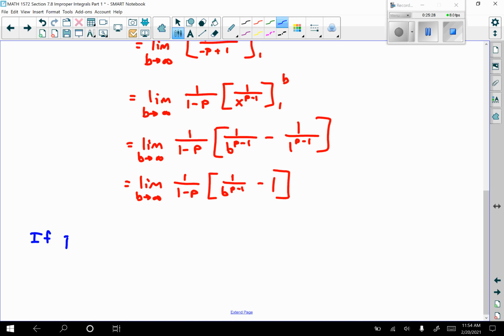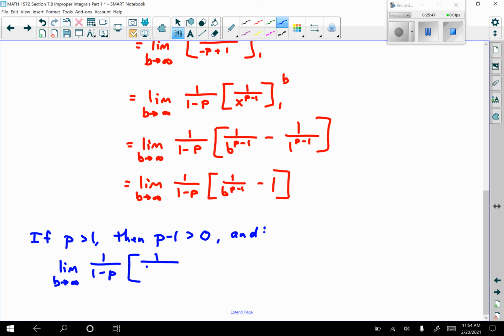So if p is greater than 1, then p minus 1 has to be greater than 0. And then we come up with the following. Then the limit as b approaches infinity of 1 over 1 minus p times 1 over b to the p minus 1 minus 1.